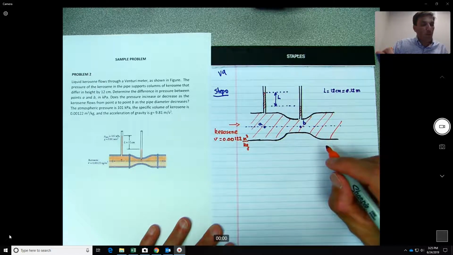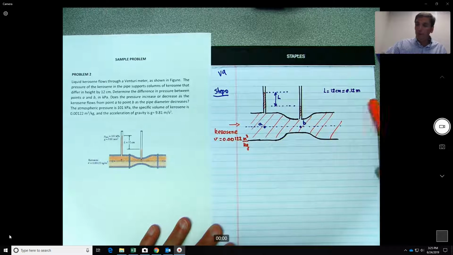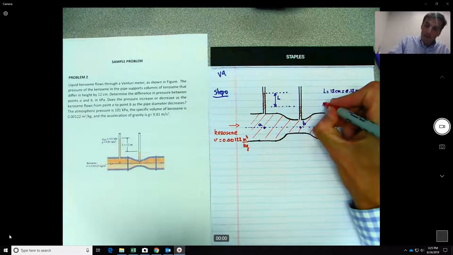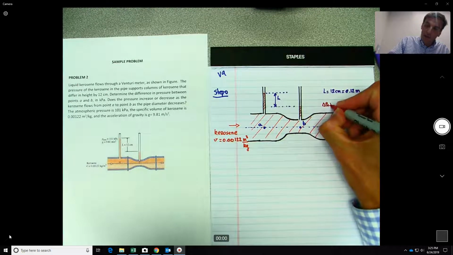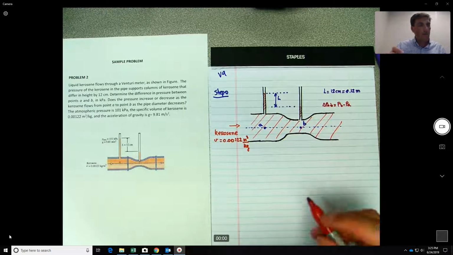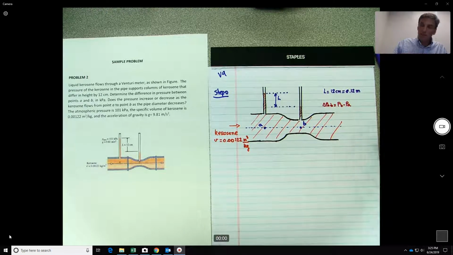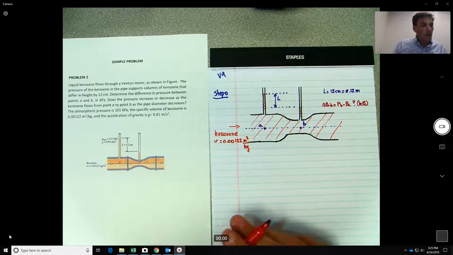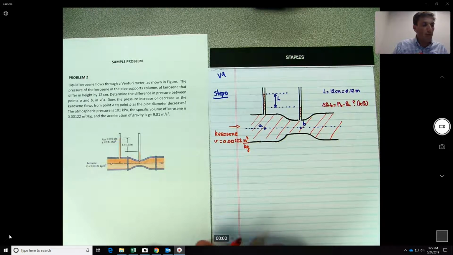Determine the difference in pressure between point A and point B. So what we need to do here is to find delta PAB, which will be basically PB minus PA in kilopascals. Does the pressure increase or decrease as the kerosene flows from point A to point B, as the pipe diameter decreases? Okay.